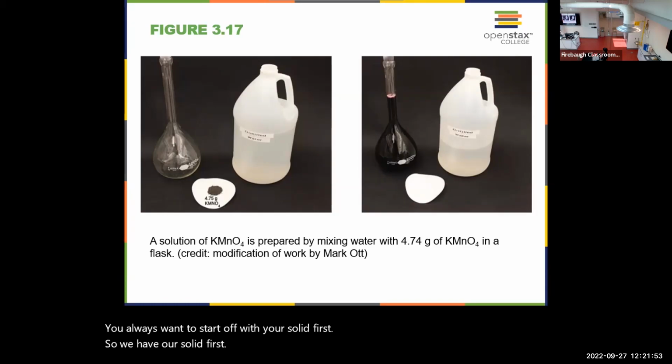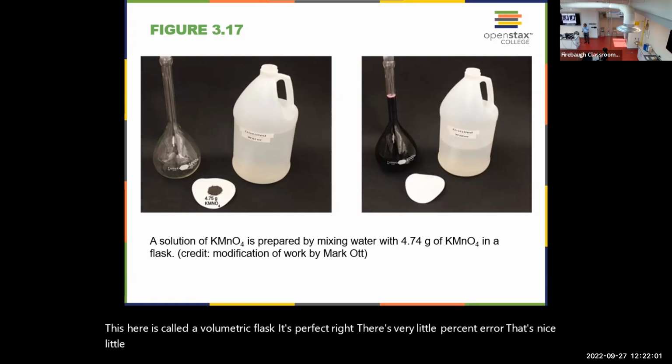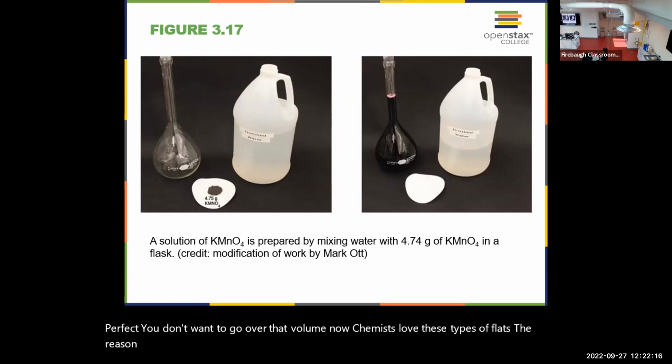This here is called a volumetric flask. It's perfect, it has very little air. There's a nice little line drawn around the neck here. You go up to that volume. Perfect. You don't want to go over that volume. Chemists love these types of flasks because they keep you from overshooting.